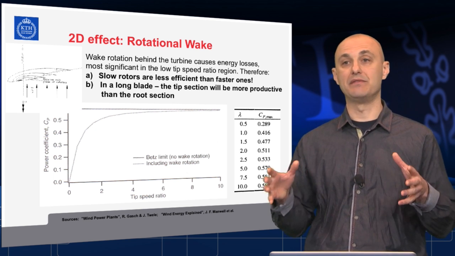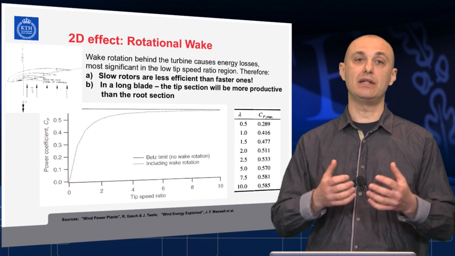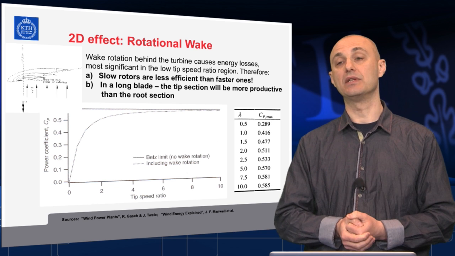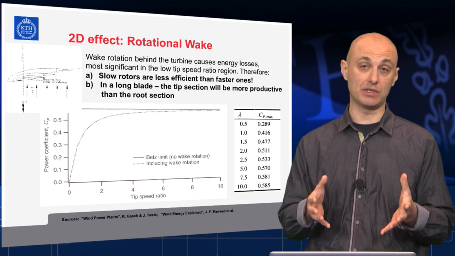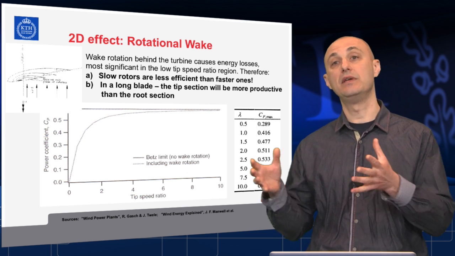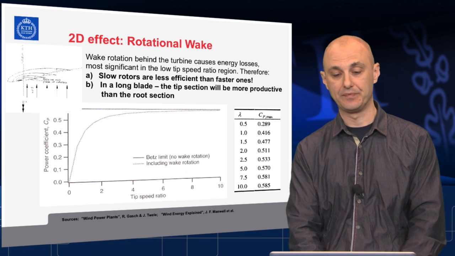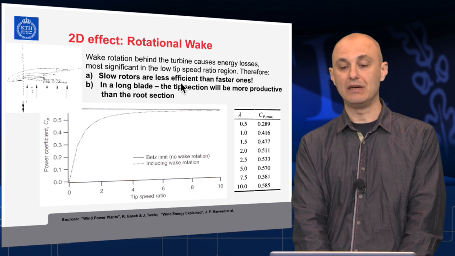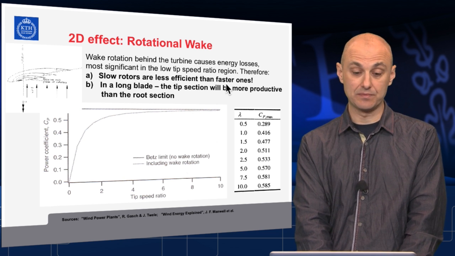The rotation of the wake behind the turbine means that there are losses, or it is the representation of losses. Energy has been converted not into rotor rotation or mechanical power, but into useless rotation of the air wake behind the turbine. Slow rotors are far less efficient than faster ones.